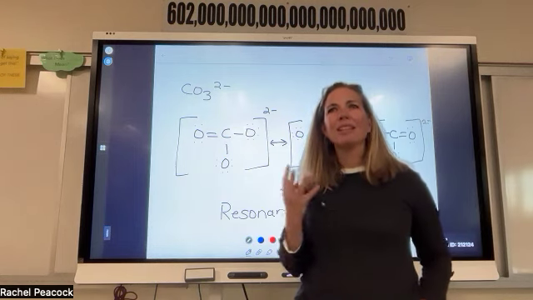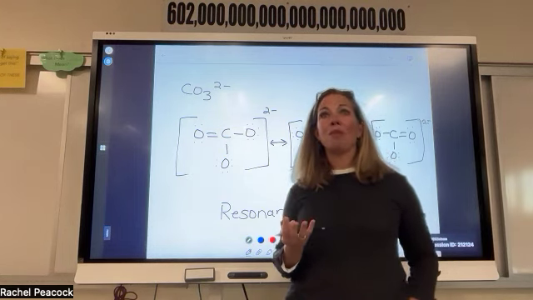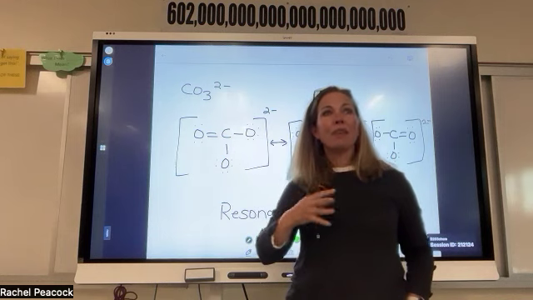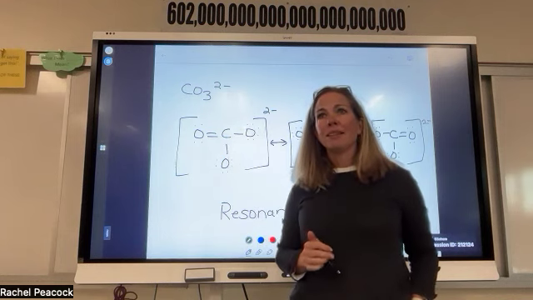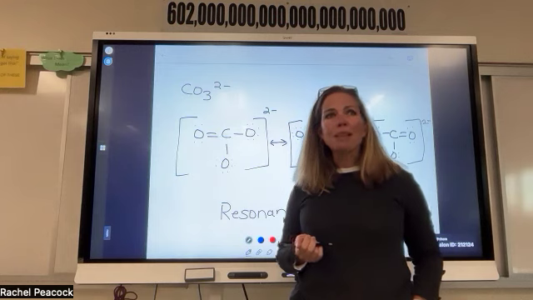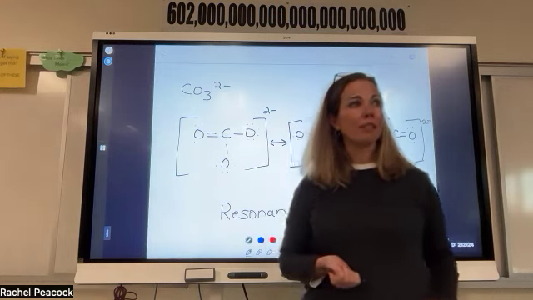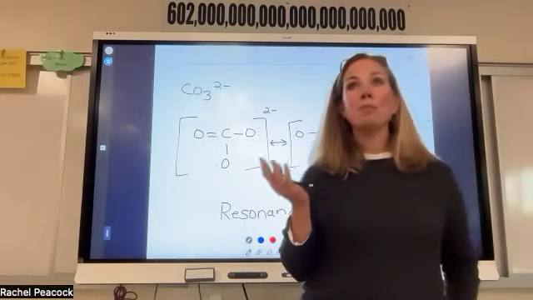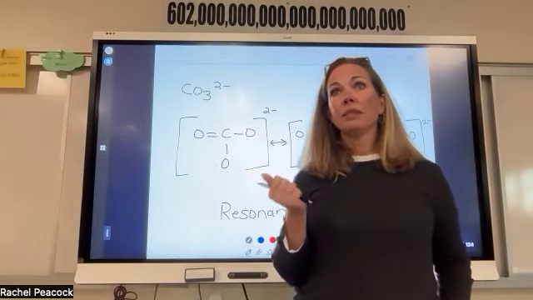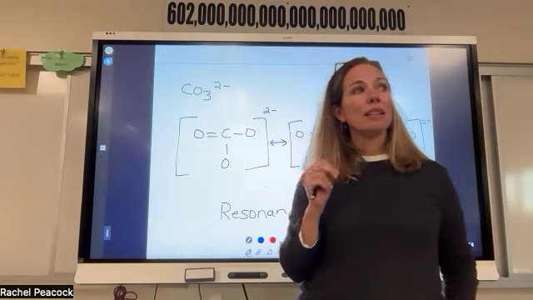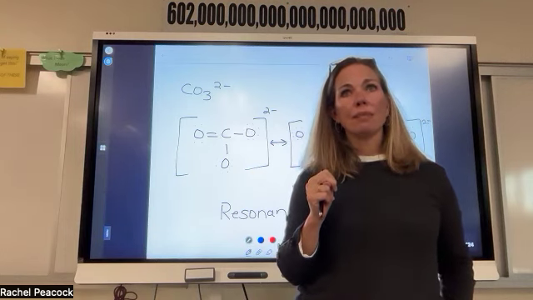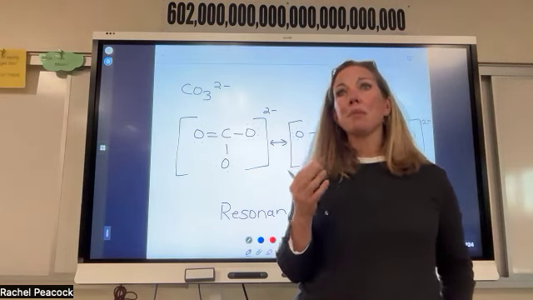So realistically, they're constantly moving to try to find a good place to be. And is there ever a great place to be? No, that's why they're constantly moving. So that double bond moves. And that's why it's considered a bond and a third in terms of type of bond.